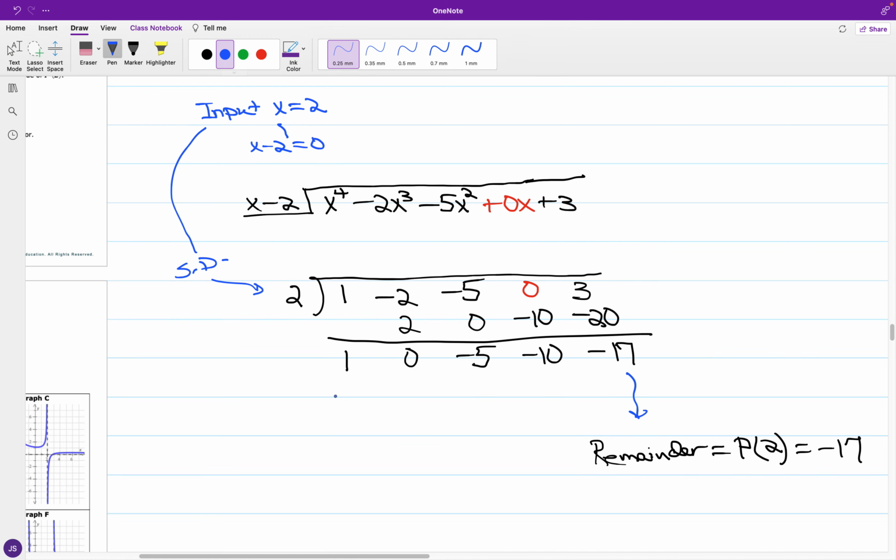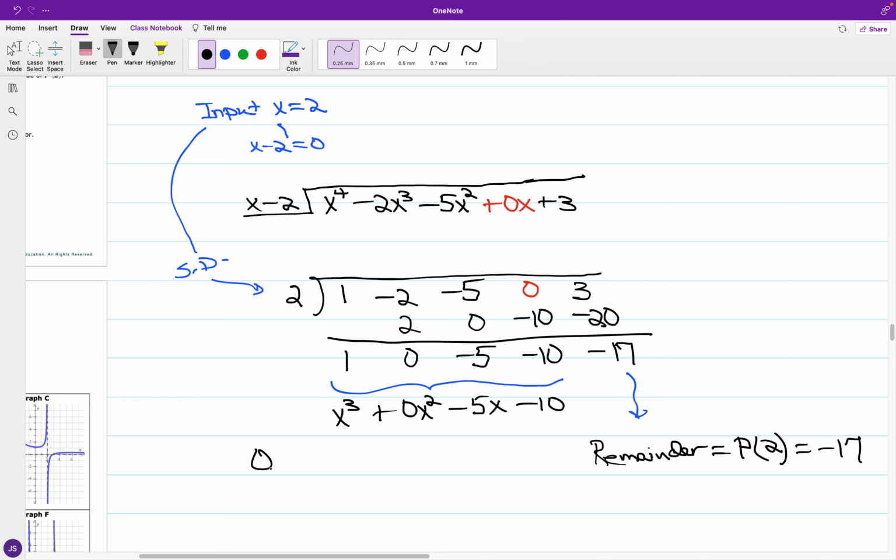And for the terms making up the quotient, notice we had x to the 4th, but after the round of synthetic division, this first one is now in reference to x cubed. Notice the 0 here, so we're going to have a missing x squared term. Negative 5 will be in reference to negative 5x, and we have minus 10.